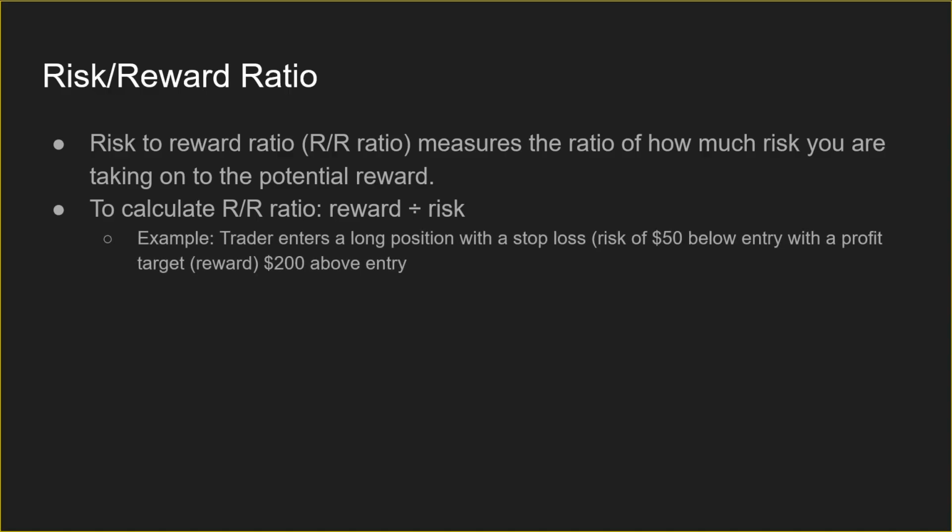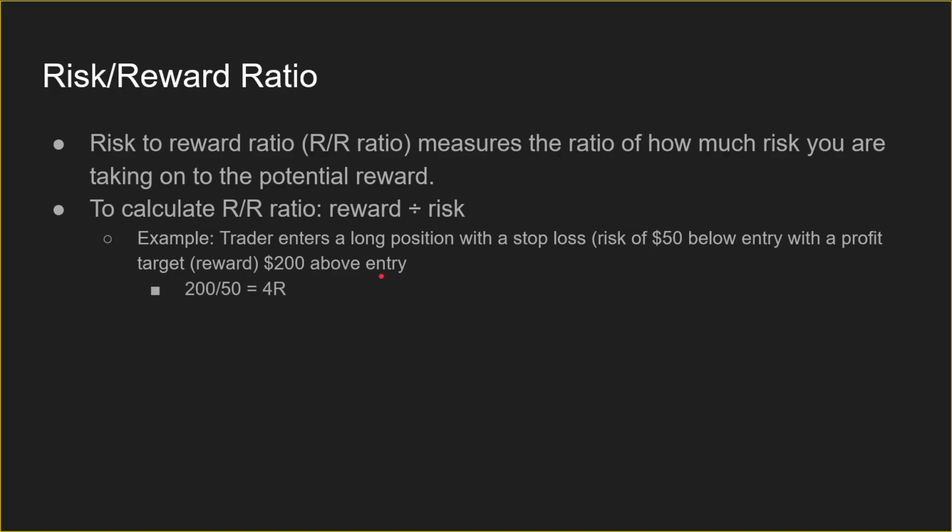Here's an example. Trader enters a long position with a stop loss. They're risking $50 below entry with a profit target, the reward of $200 above the entry. So here we're not talking about specific entries. All we know is that their stop loss is $50 below their entry and their profit target is $200 above their entry.